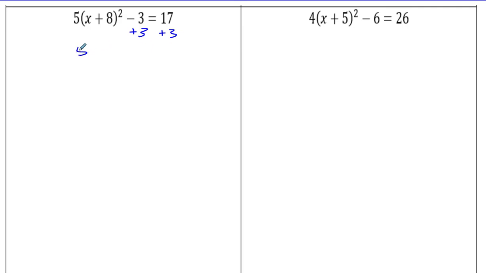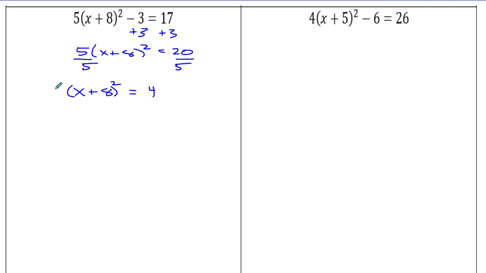So that's going to leave me with 5 times x plus 8 squared equals 20. Then I want to divide both sides by this 5. So that's going to give me x plus 8 quantity squared. Remember that terminology? And then I got this positive 4.